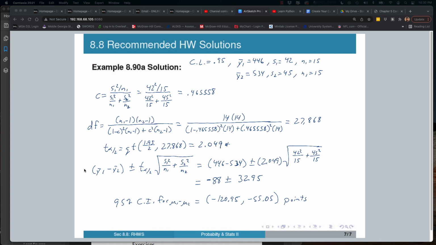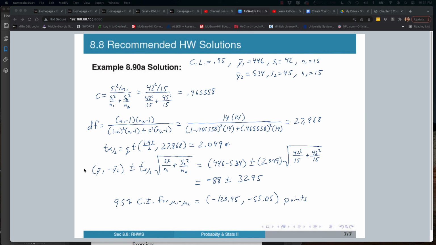So obviously we can say, since both values are negative, what we could say if you were asked to interpret this a little bit, is we are 95% confident that the language/literature group outperformed the engineering group on the verbal portion of the SAT by at least 55.05 points and at most 120.95 points, is how we could interpret that.